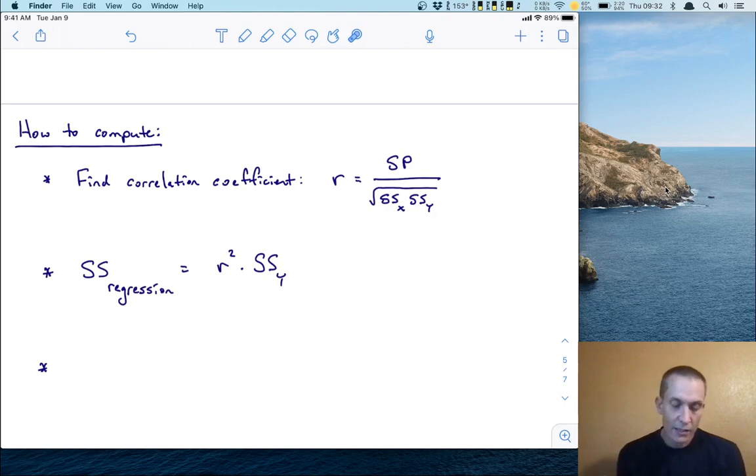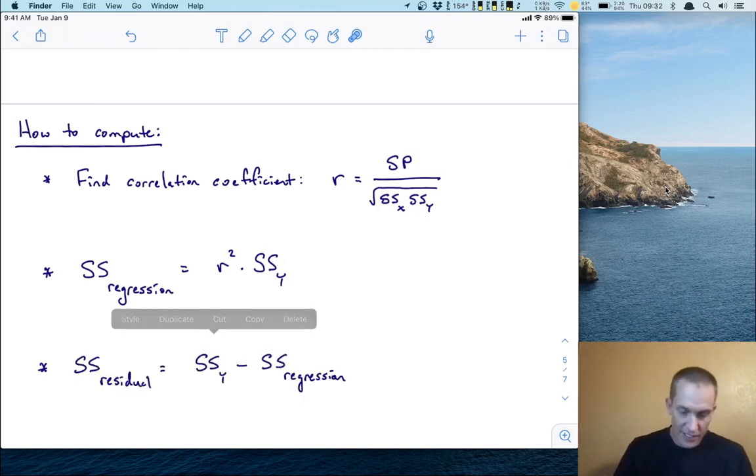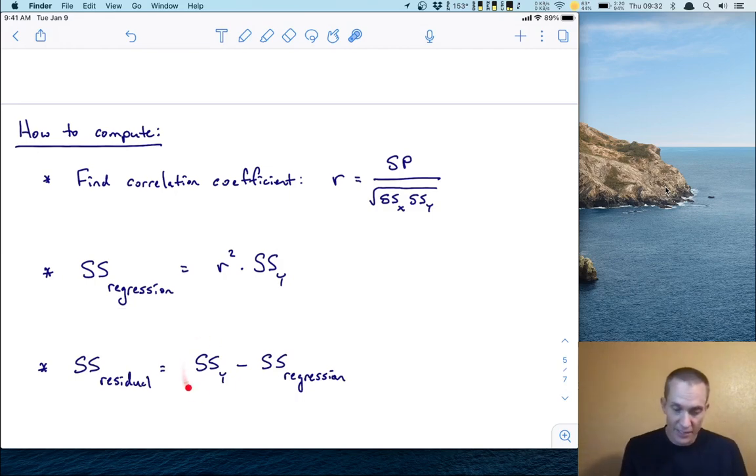If we want to know that sum of squares, that variability that's due to the regression equation, we simply take r squared times the total variability, SSY. So once we find this r, we use the square of that as the proportion of variance, SSY, that is accounted for by that regression equation. It's as simple as that. And then, of course, the SS residual is going to be what's left over. You take SSY minus what you found for SS regression. Okay?